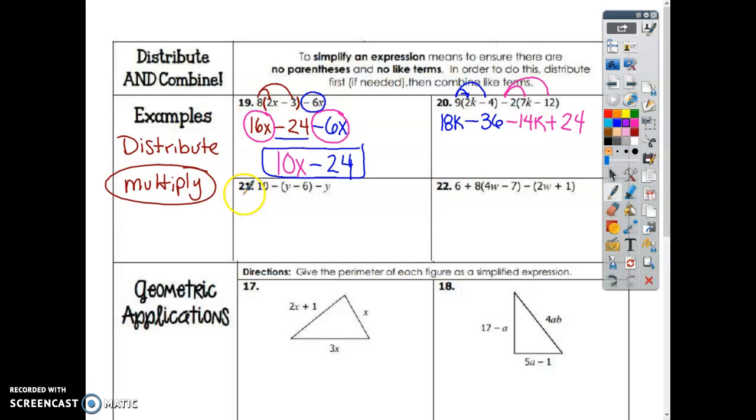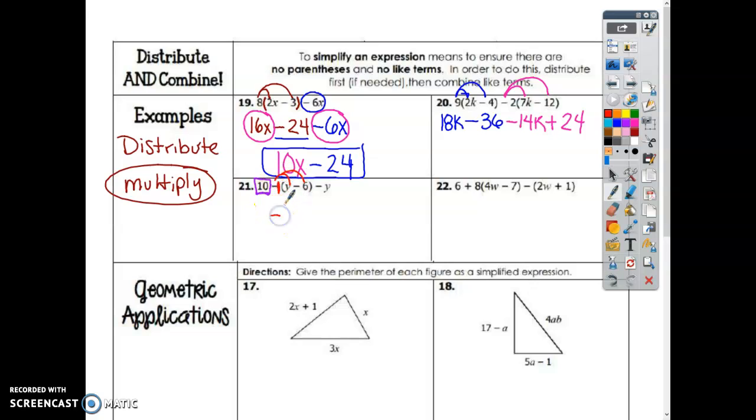Number 21. The 10 is going to stay there. You don't do anything with the 10 because the 10 is not attached to the parentheses. What is attached to the parentheses is a minus. That's a negative 1. So I'm going to distribute negative 1 here and here. Okay, so what's negative 1 times y?